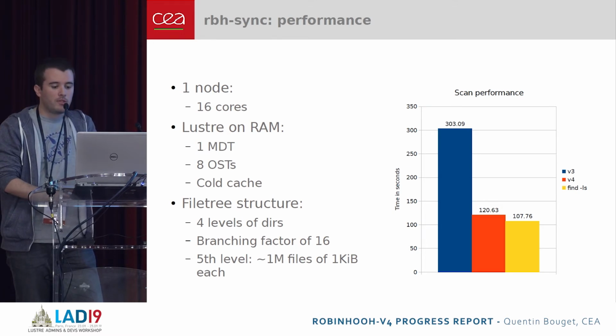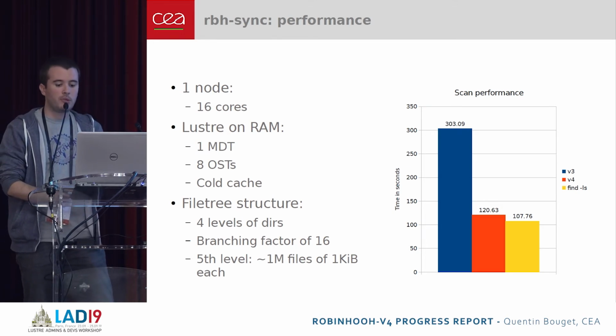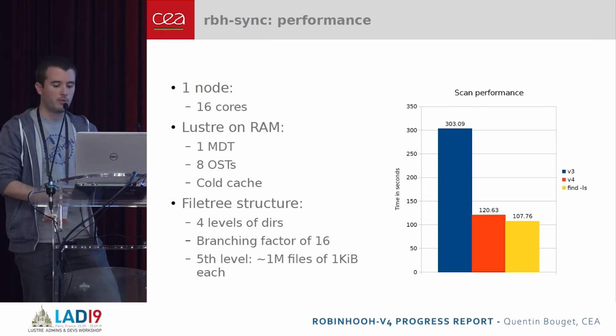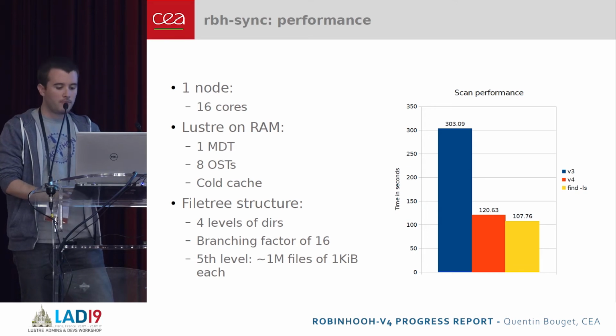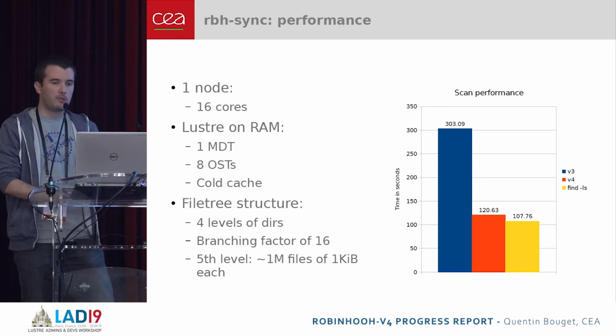For the scanning performance, I compared 3 different tools: Robinhood version 3, Robinhood version 4, and find -ls, because find -ls is pretty representative of what a scan in Robinhood does. All these programs were parallelized with the same heuristic.